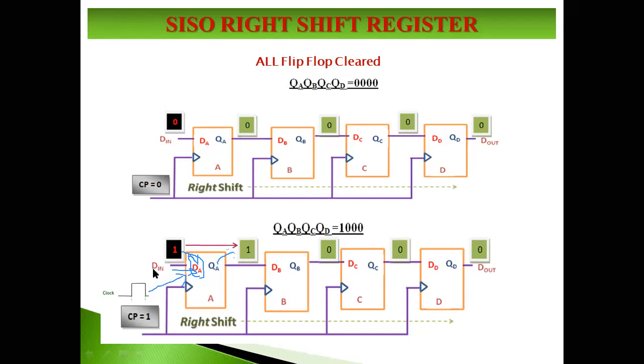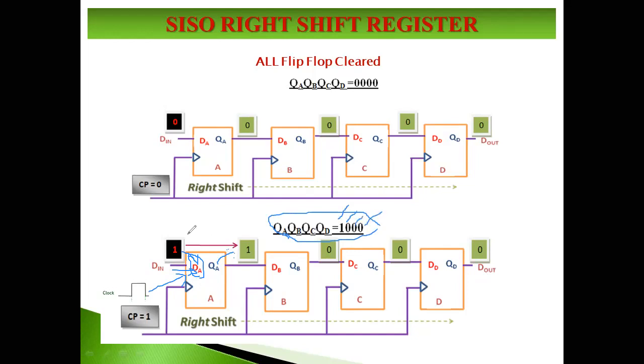You can see your data input is moved to QA. Now QA has become 1 and QB, QC, QD remain as they were, all 0. Now when we check the output of this register, you can find QA alone is 1, QB is 0, QC is 0, QD is 0.